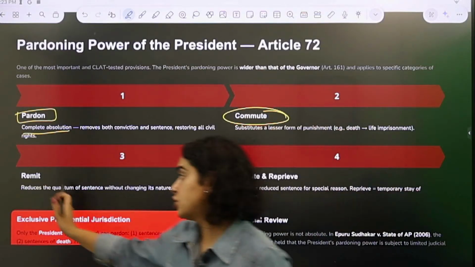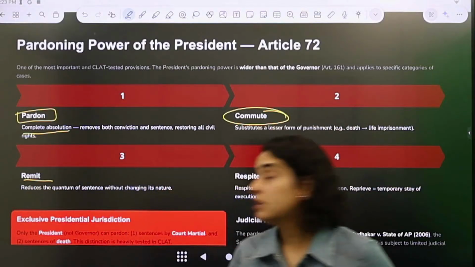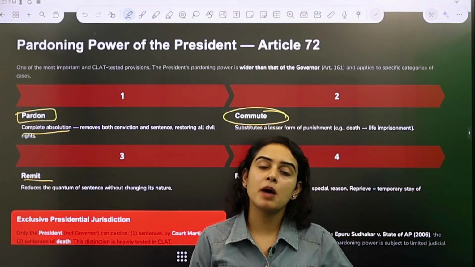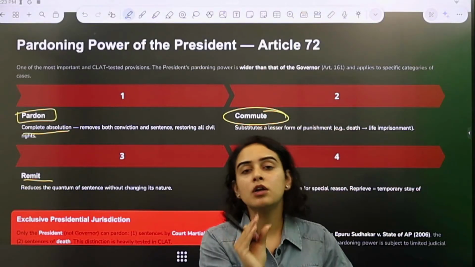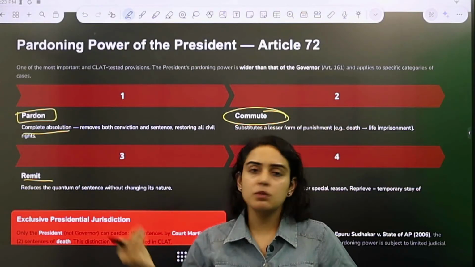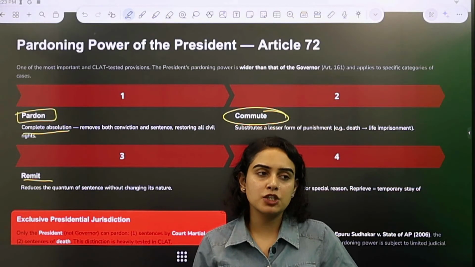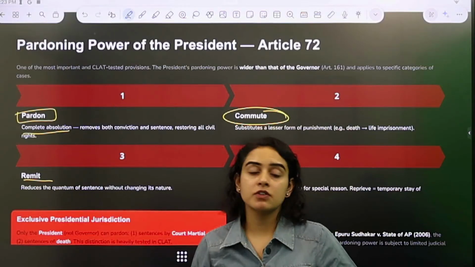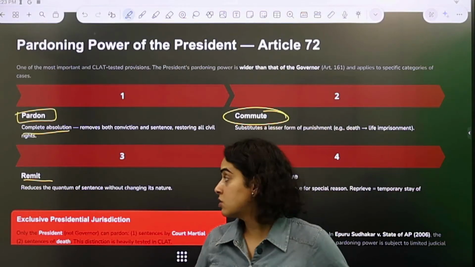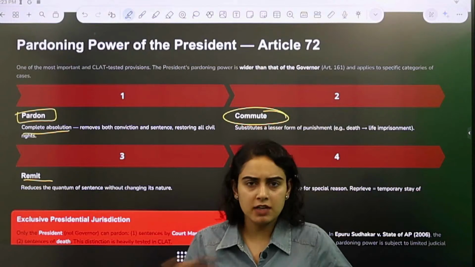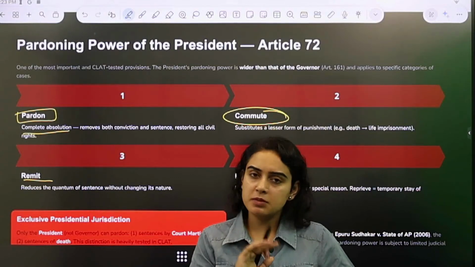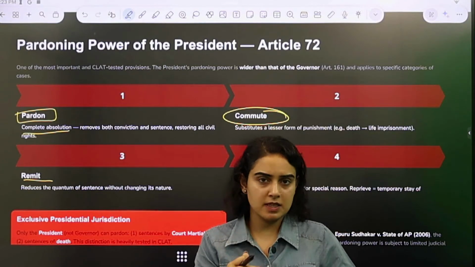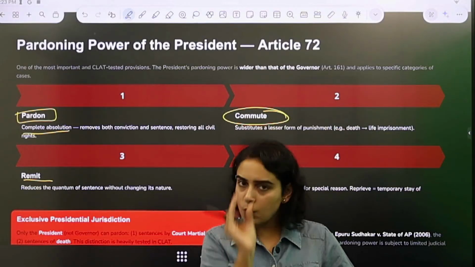Third is remission, where the president has the power to reduce the quantum of punishment. If someone had to serve an imprisonment of 20 years, by using the power of remission, the president has reduced it to maybe 10 years or 5 years. The nature of punishment remains the same, but the quantum decreases.